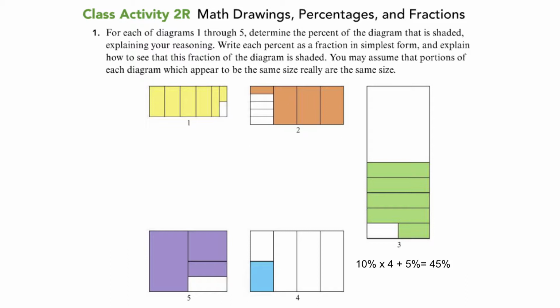In the next one, even though they haven't put in all the lines, what they have actually done is divided the rectangle into 10 equal parts, and 4 of the 10% parts are shaded fully, and then half of one of the 10% parts is shaded for another 5%, so the total of 45% is shaded in the figure.